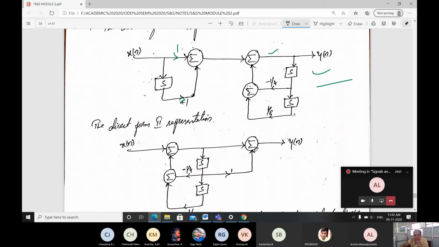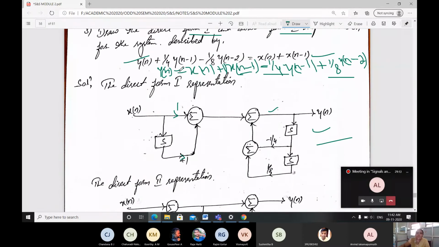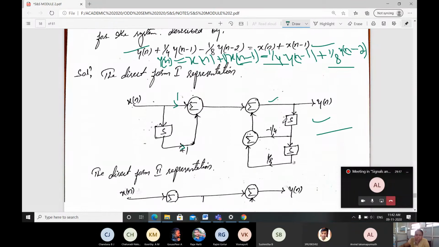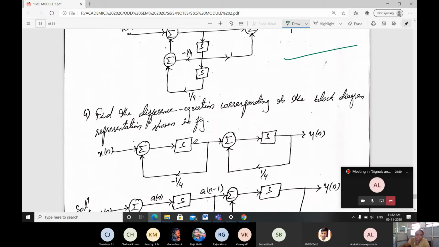If you properly observe the standard form, it will be easy. What you have to do, just write your coefficient values, that is b0 b1 b2 and a1 a2 a3. That's it. Okay, the drawing for this will be your direct form 2. Each question will sometimes be asked for 6 marks or sometimes 8 marks. Directly it will be asking.